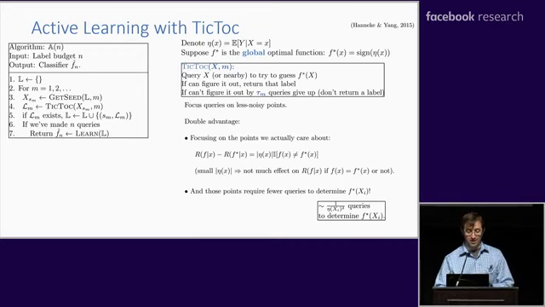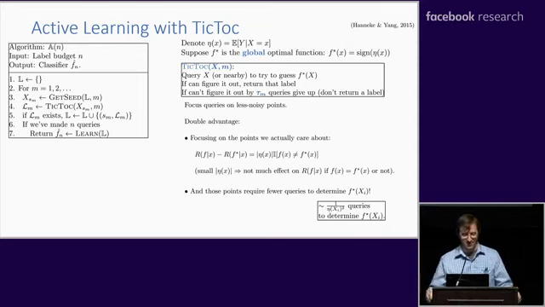But, and here's the important thing, I'm going to set a cutoff, this tau. And if I have made tau queries and I still haven't figured out, using Hoeffding arguments, whether the sign of the expected value of y given x is plus or minus, I'm going to give up. I don't return anything. So in the end, we're going to be training an algorithm on just the labels that were returned from this, just the examples that this tiered cutoff test for the optimal classification returns.